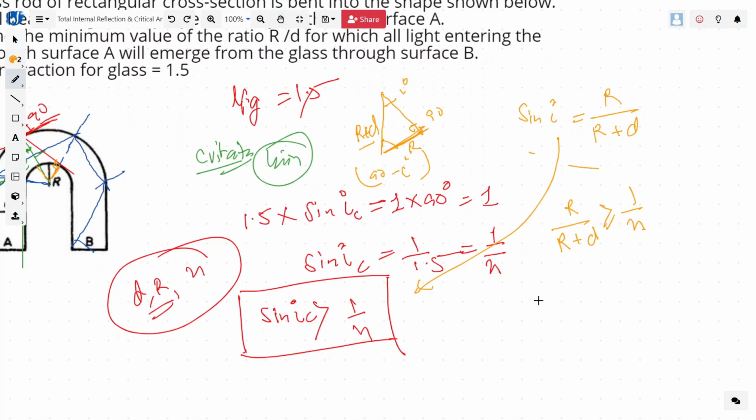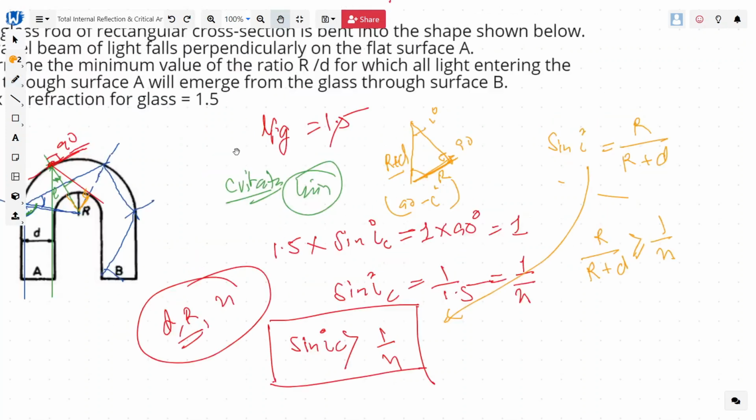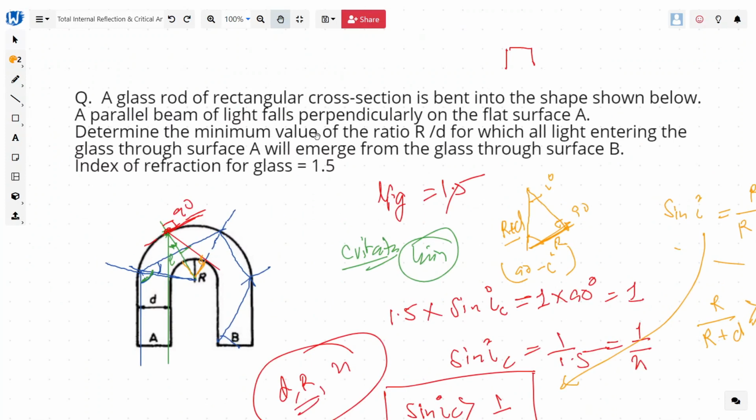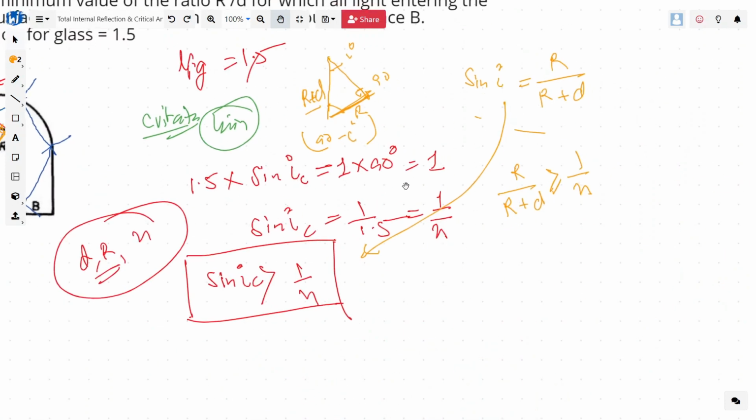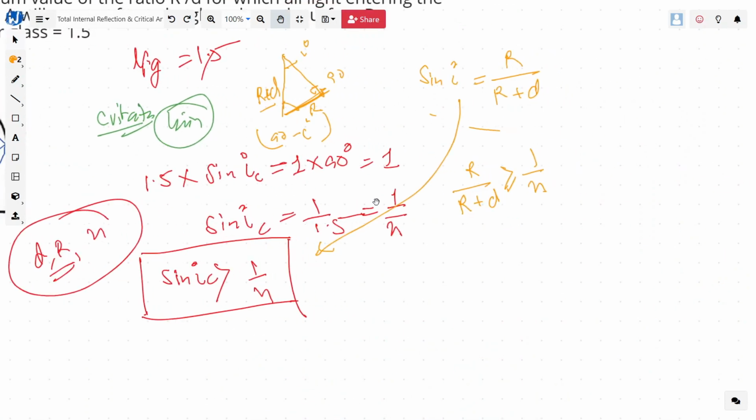Okay, so now we know all of them, so we need to determine the minimum value of ratio R by D. So this equation is going to be R by D has to be greater than equal to 1 divided by N minus 1.